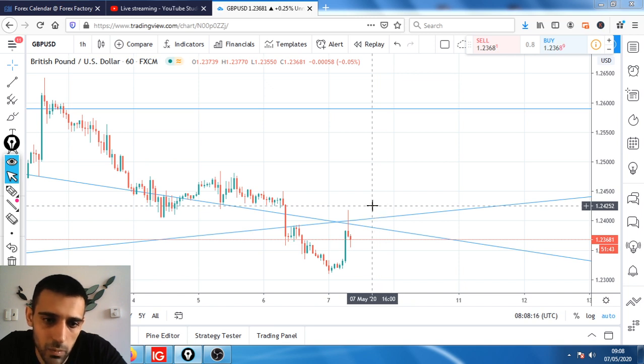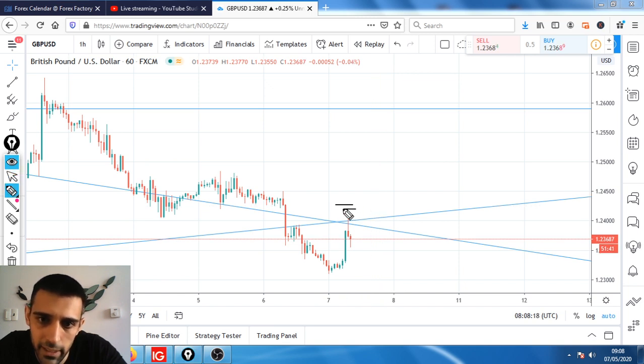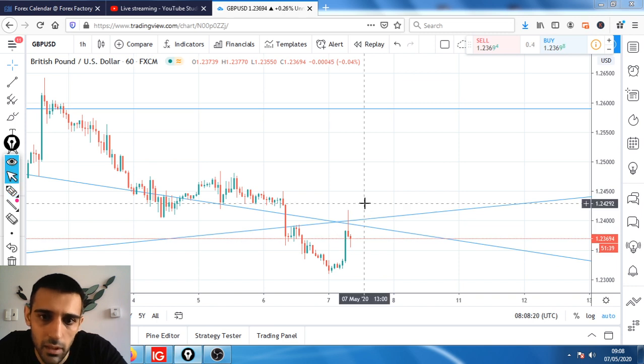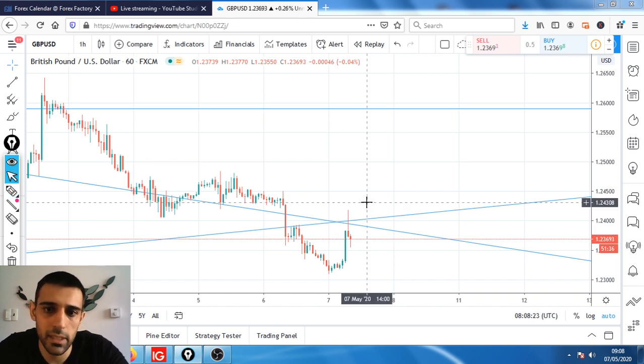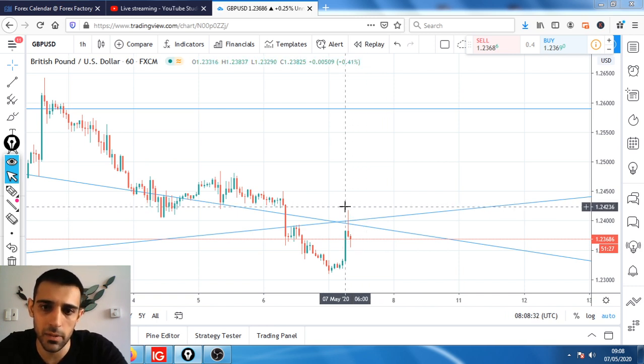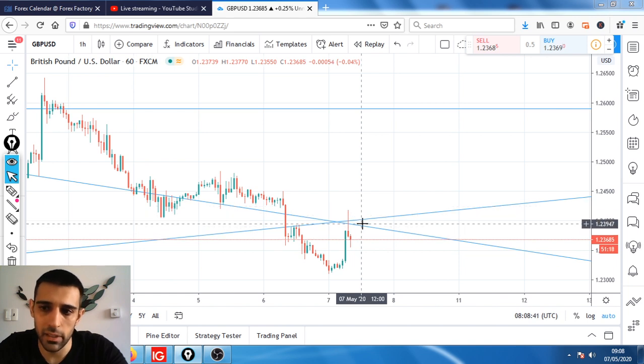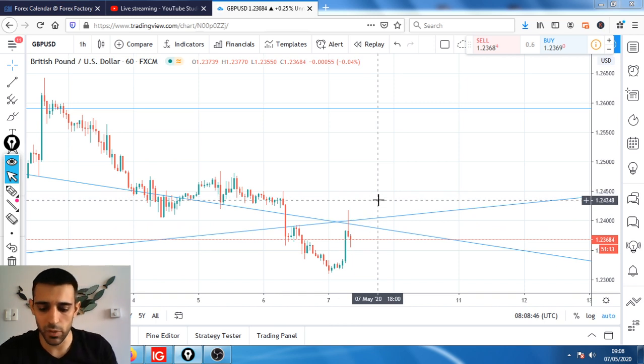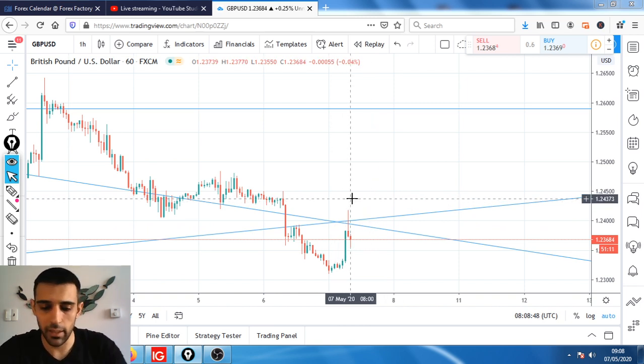You can place the stop loss above this spike, about the 124.25 zone. So you can place your stop loss up to this level. Your entry was at 123.82, so that's roughly 35 or 40 pips of stop loss on that one.